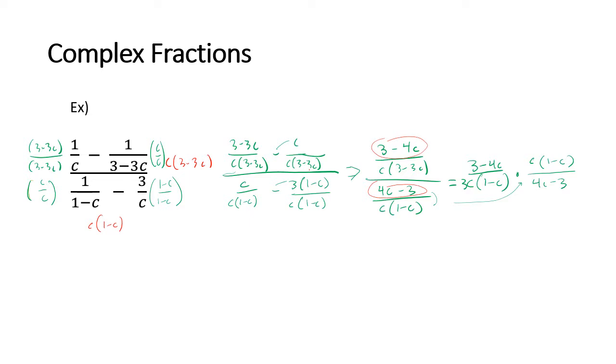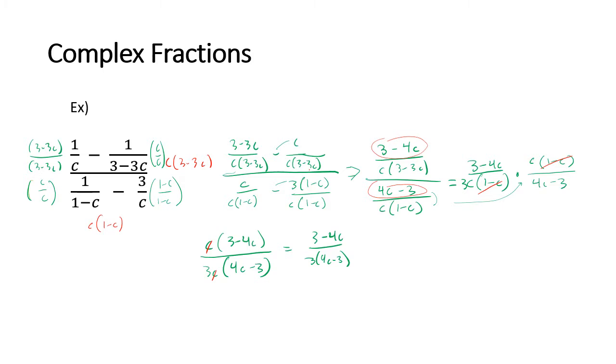Right away we can see that these 1 minus c's are going to cancel, so let's rewrite what we have so far. We've got c times 3 minus 4c divided by 3c times 4c minus 3. Well, boom, these c's can cancel, and so now we've got 3 minus 4c divided by 3 times 4c minus 3. Why don't we just take out a negative from either the top or the bottom, it doesn't matter.